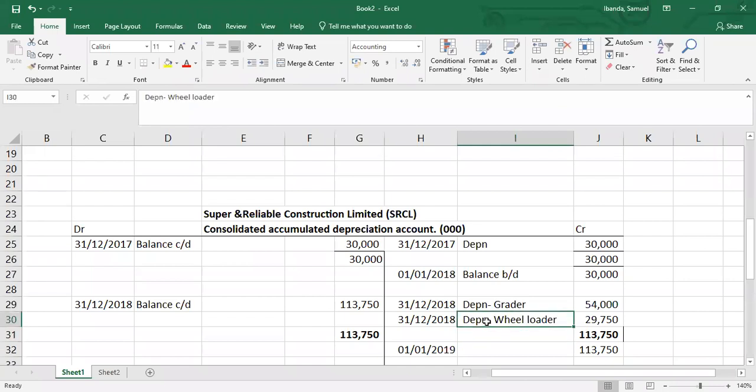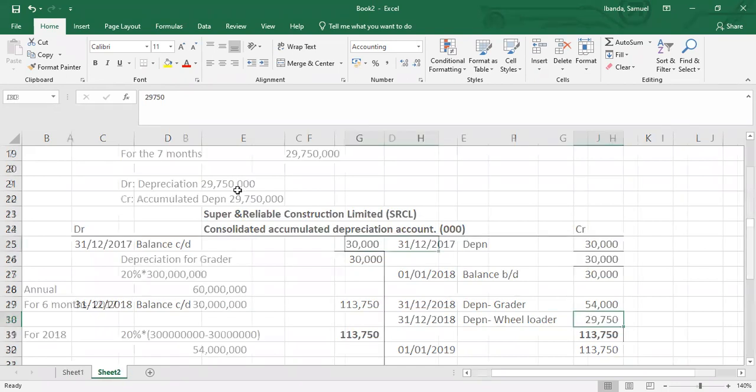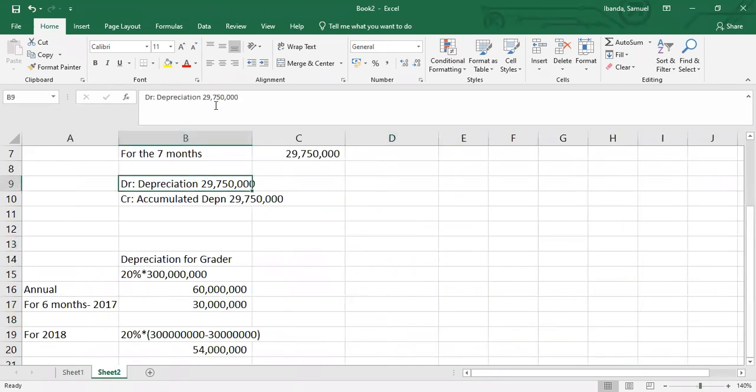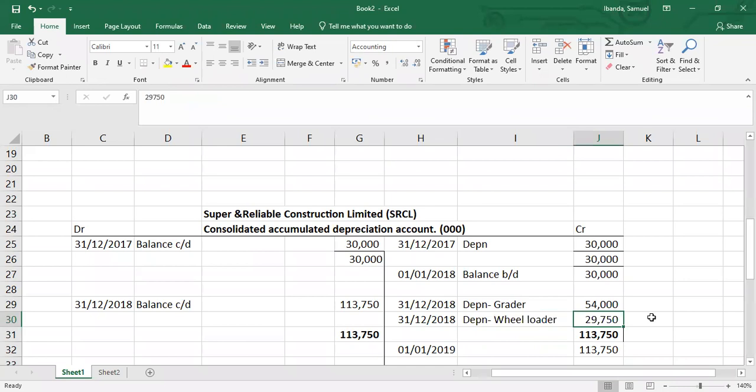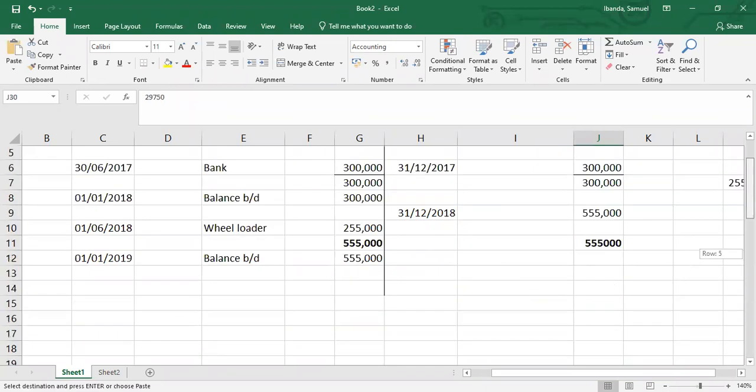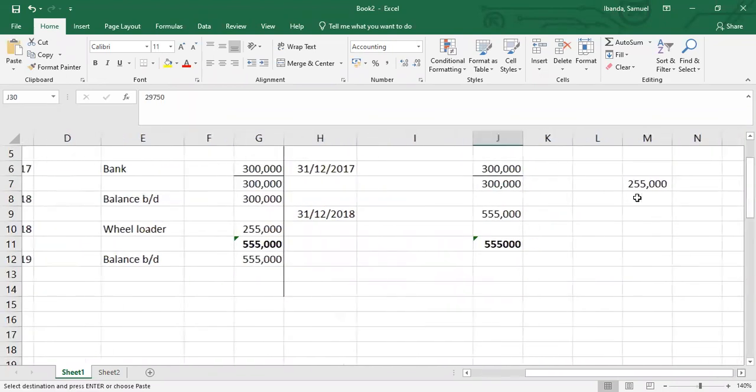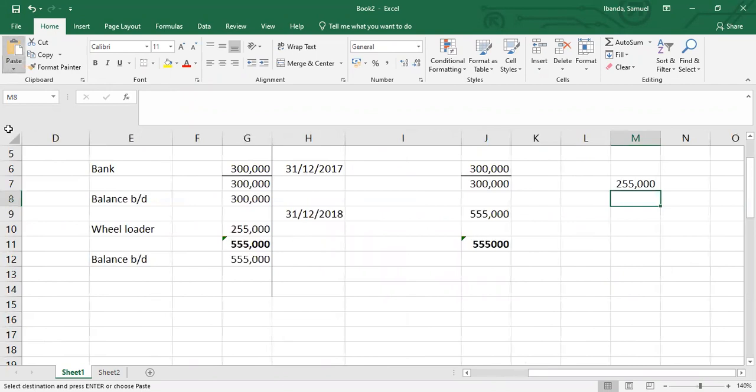Okay. So this wheel loader had depreciated worth 29,750 for the 6-7 months it existed before it had issues. So just want to test and see what was the value of this wheel loader for you to understand something. So this is the accumulated depreciation for the wheel loader.